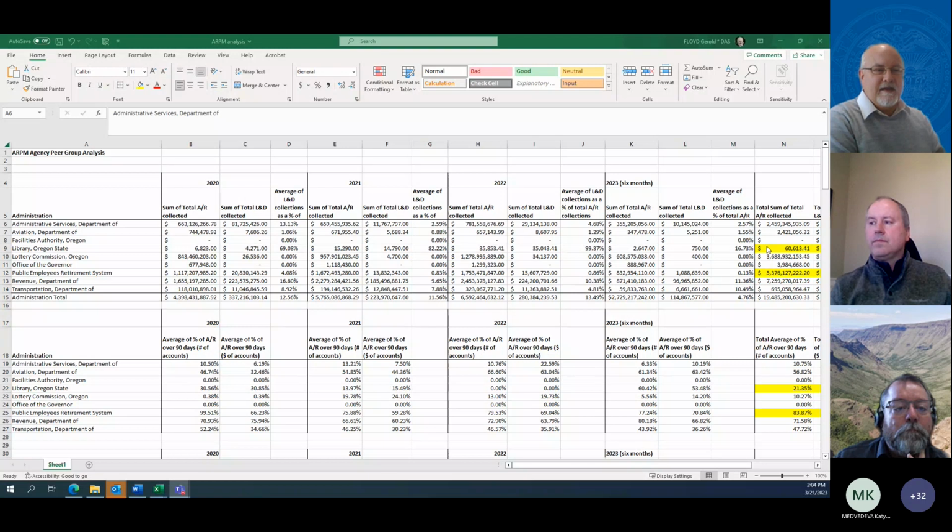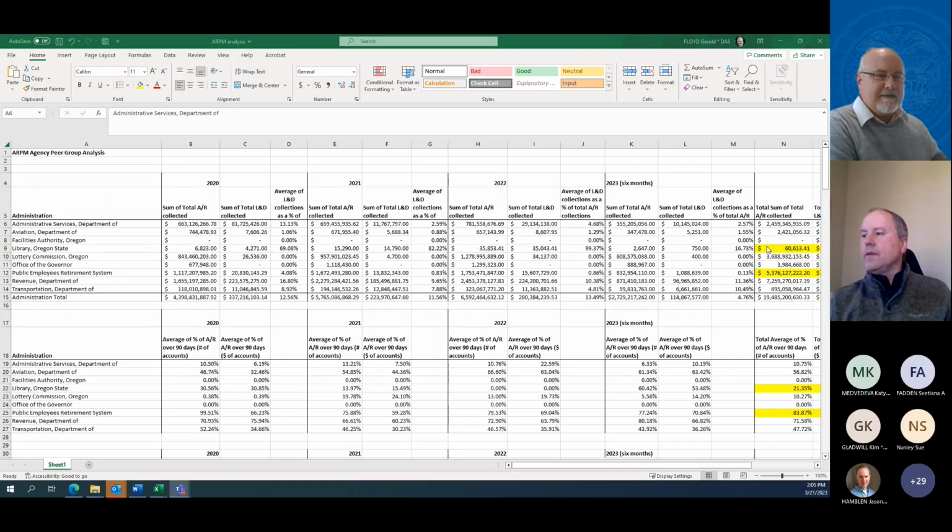But this is just a way to identify where an agency may be different than their peer group and get a better understanding of why that is occurring, and work with that agency to clarify that the information is being reported in the same fashion, and that their understanding of the terminologies and so forth is correct as far as the templates go.